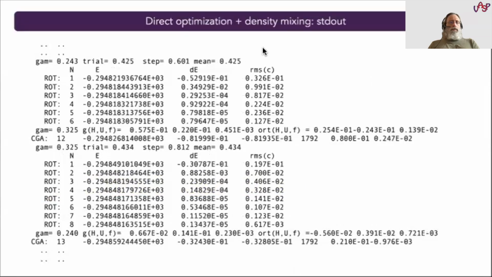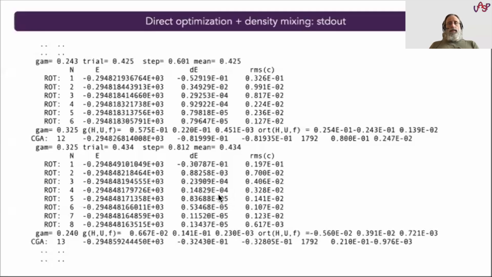So if you run a direct optimizer with density mixing, you will see that between each and every direct optimization step, there's a certain varying number of subspace rotations done. So each rod that you see here is one subspace diagonalization and rotation that is done to determine the optimal search direction for the subspace rotational gradient.